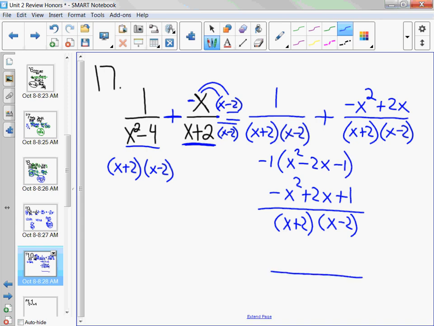I have the negative 1 outside, and I have my two binomials. Let's see if this factors. Negative 1 times positive 1 is negative 1, but those do not add up to negative 2, so this is not factorable. So that is my answer. I can just leave it like this.